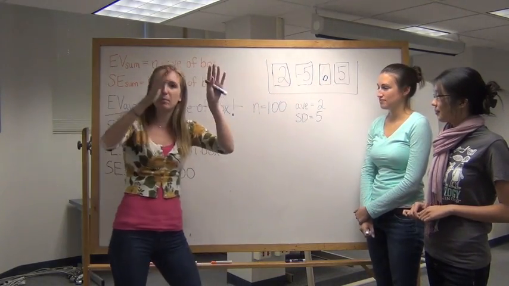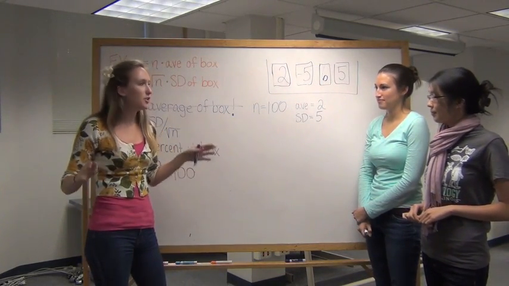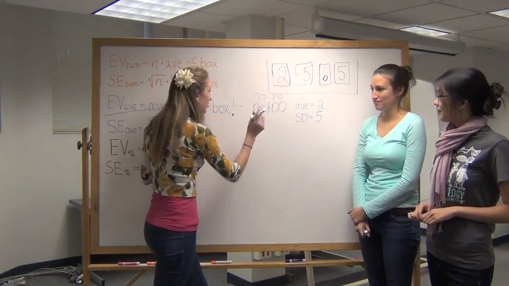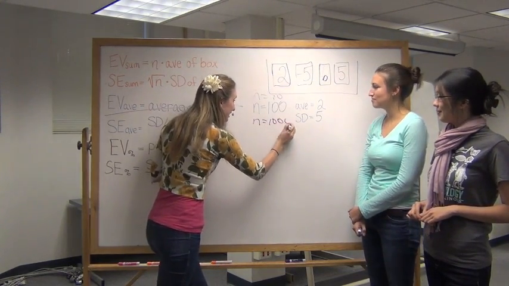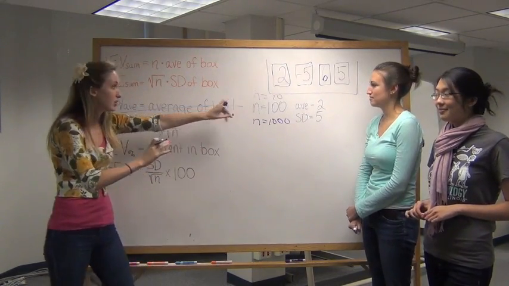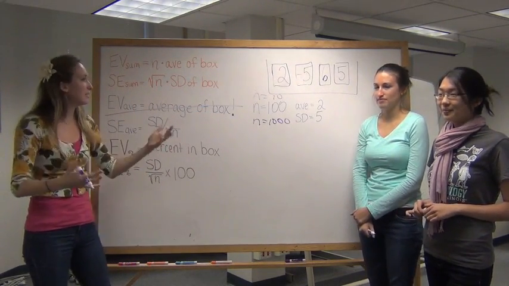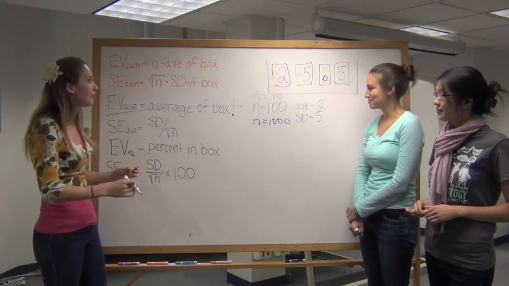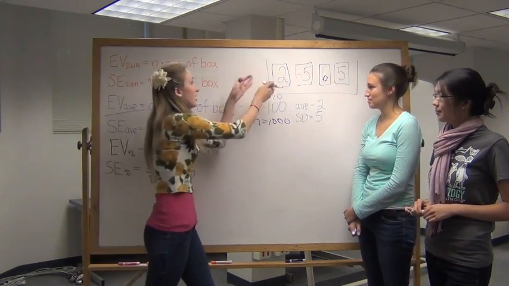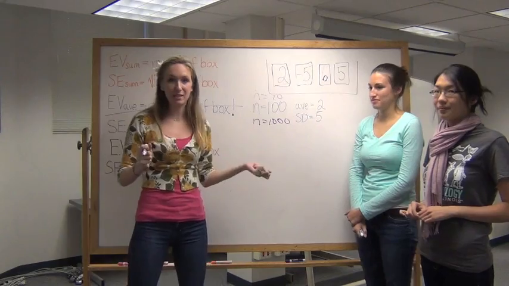So I think we would come out with a pretty nice round average. So the answer is, if n was 10, 100, or 1,000, the expected value of my average would still be the same. That's a great point, Carly, that the expected value of my average is just going to match the average of the box regardless of how many times we're pulling.